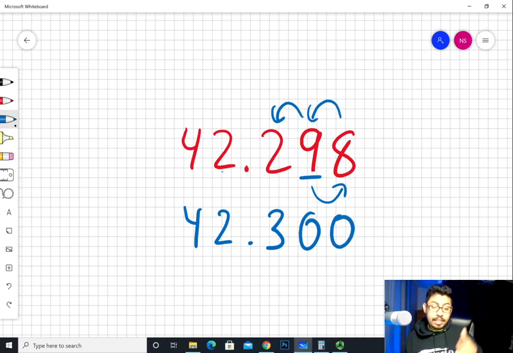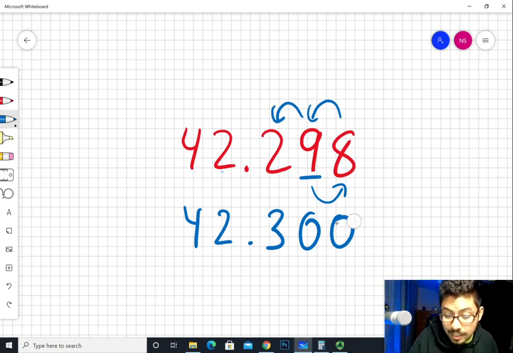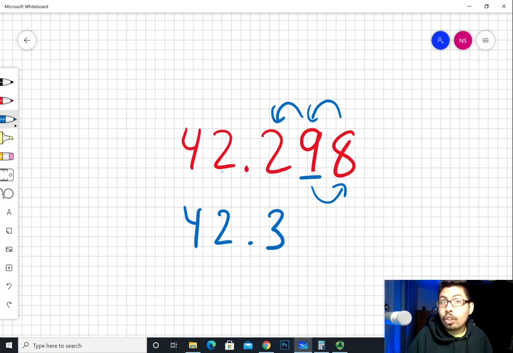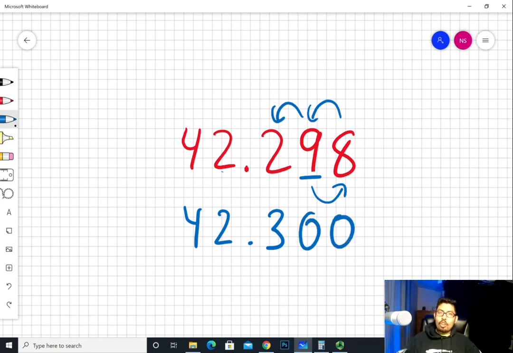So you'd have the answer 42.300, or as the GED will present it, just 42.3. But you're not wrong if on the worksheet you put zeros. It's all the same thing, just prepping you on how the GED might look. But that is the 9, my friends. If you're increasing a 9 by 1, it has to jump to the number to the left.